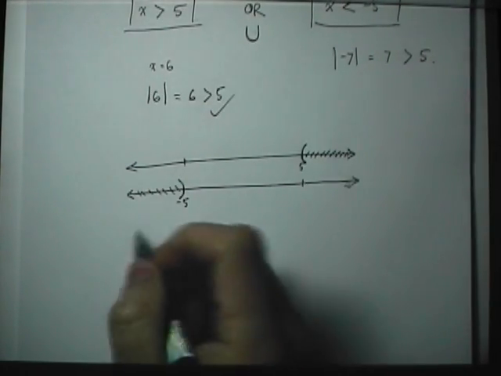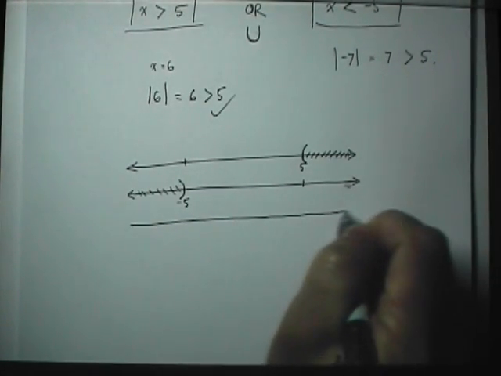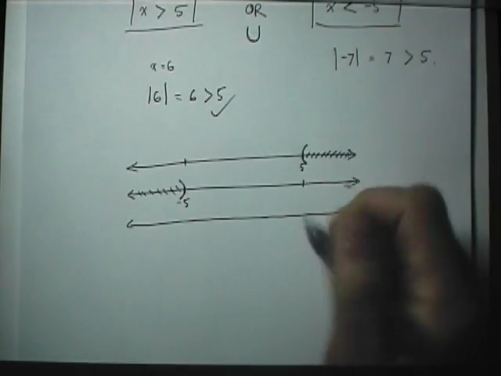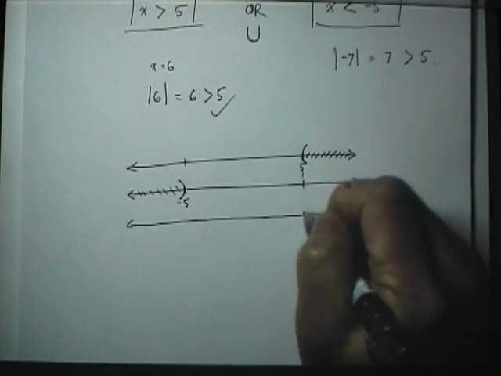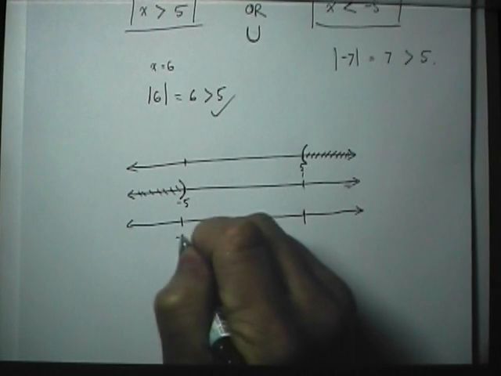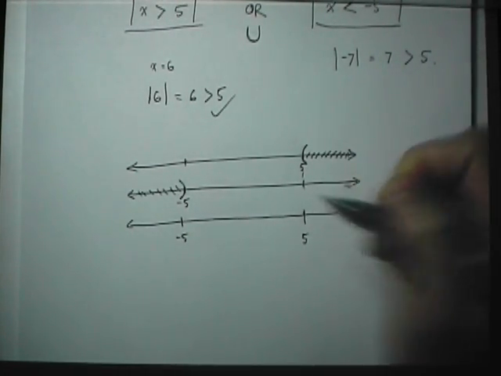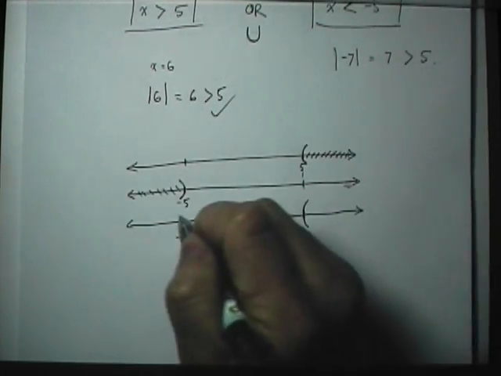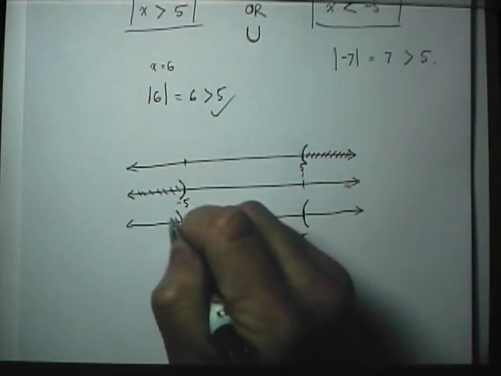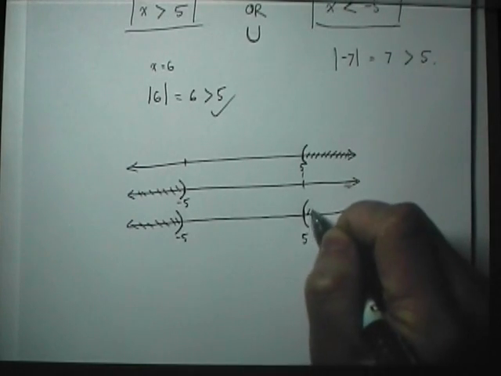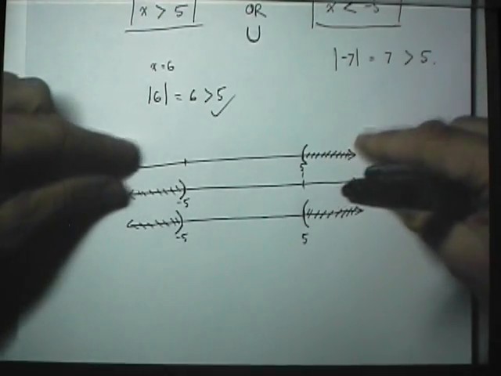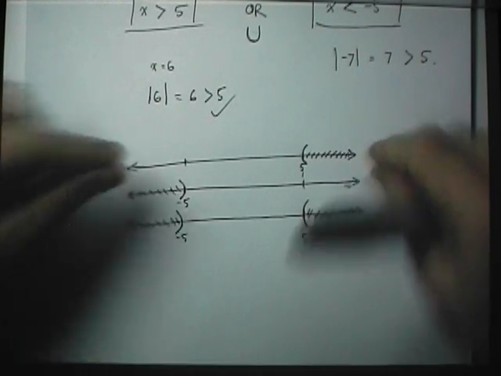So now the final solutions, the overall solutions, I'm thinking about when you superimpose the 2 together, negative 5 and 5, and just simply bring the 2 regions together, the 2 shadings together, and wherever it reaches, that's your shading. So this is the overall shading coming out from combining the 2 together.